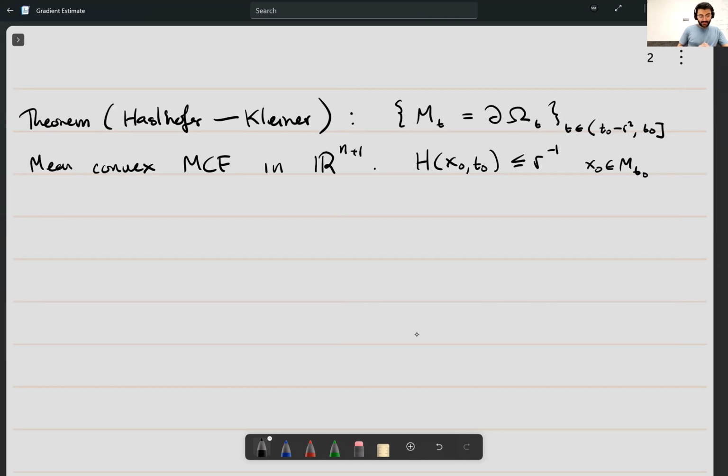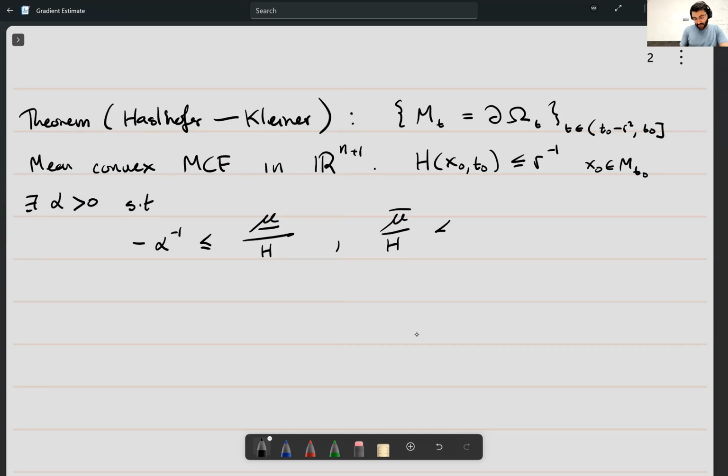You also have these non-collapsing conditions, which have bounds on the inscribed curvatures. So there is some constant alpha greater than 0 such that the exscribed curvature is bounded like this, and the inscribed curvature is also bounded similarly.